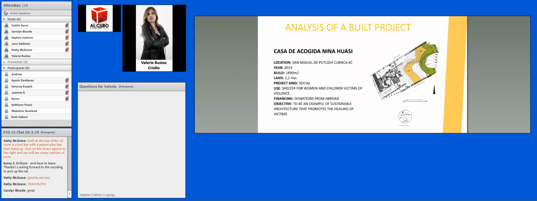Next, we will analyze one of our projects. This is Casa de Acogida Ninahuasi, a shelter for women and children victims of violence. This building was constructed with donations from Caritas Austria and other institutions from Ecuador and the world. The objective was to be an example of sustainable architecture that promotes the healing of victims.